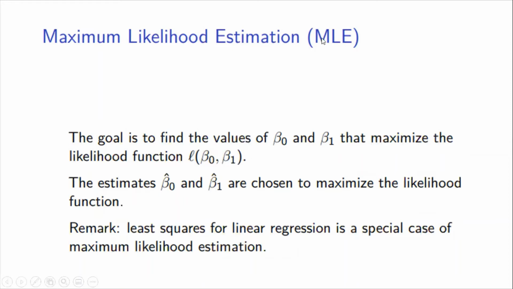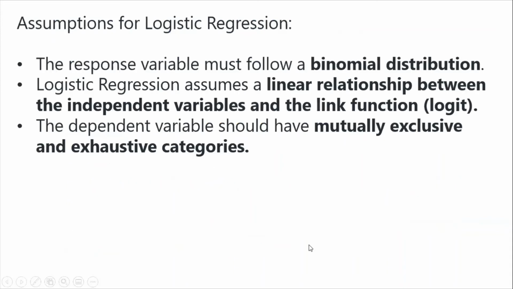Basically, maximum likelihood looks at the data and, given this data, finds the best intercept and slope. Least squares for linear regression is a special case of maximum likelihood estimation.